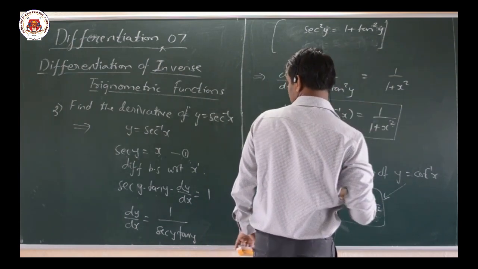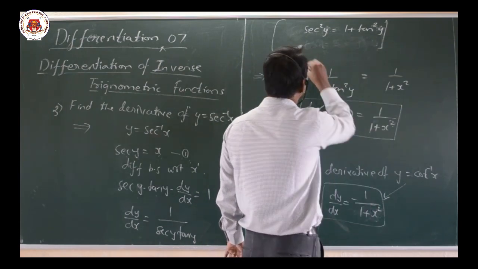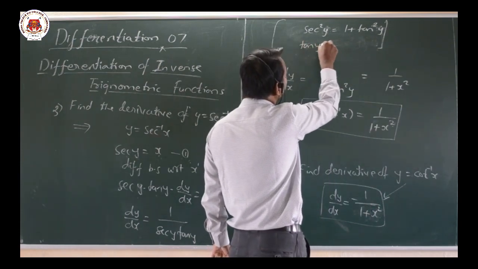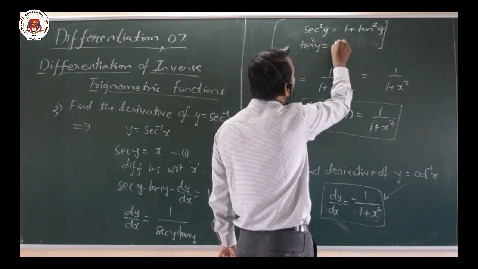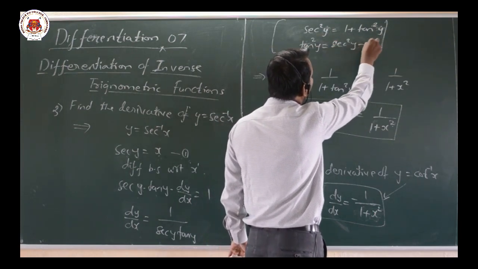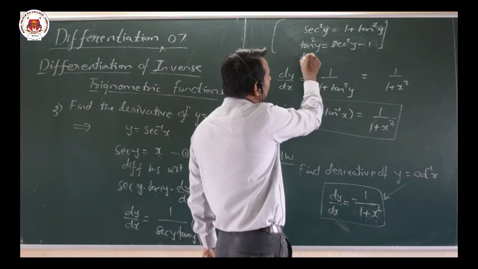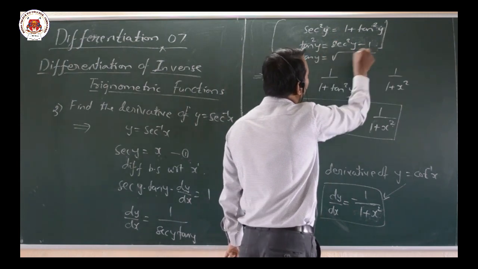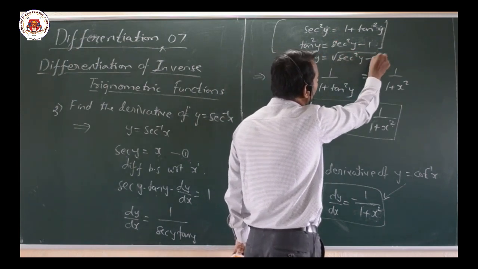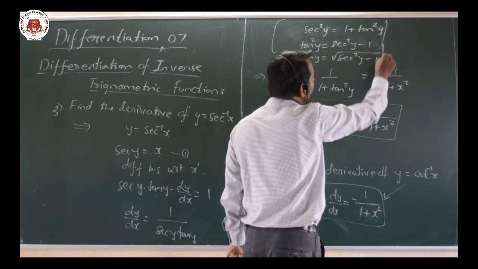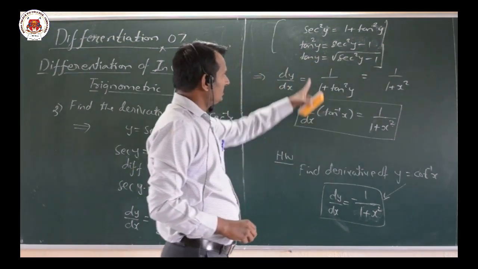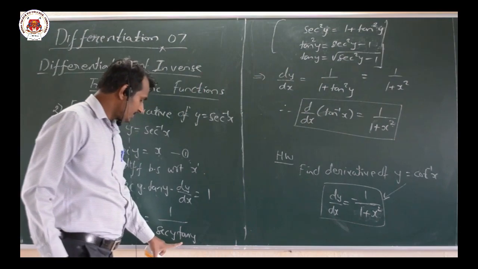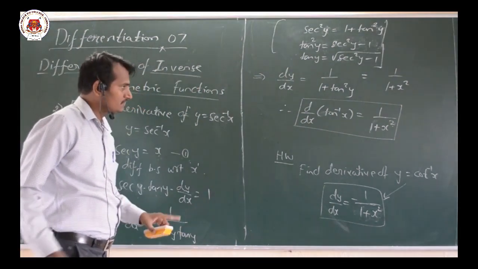Secant y is equal to x. Here the tan y value will be root of secant square y minus 1. So in the place of tan y I will substitute root of secant square y minus 1.